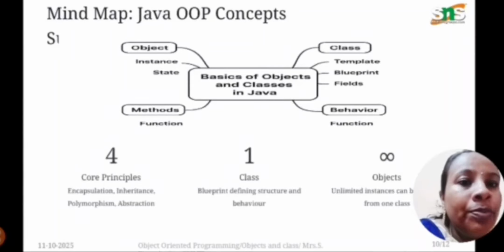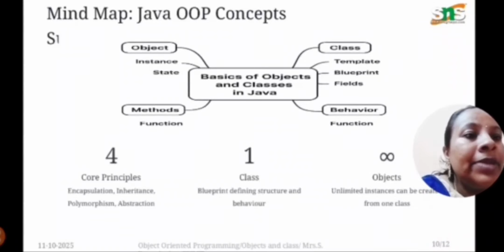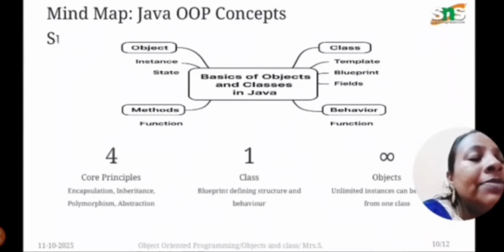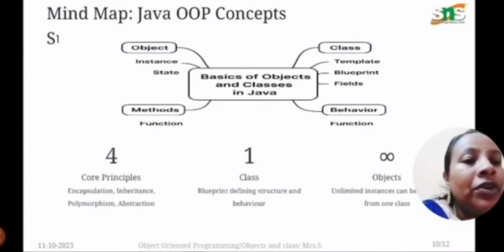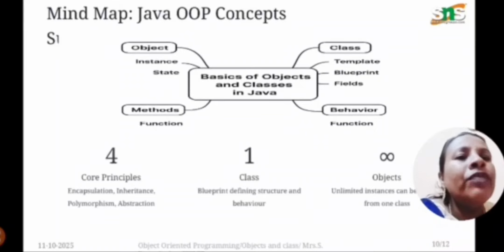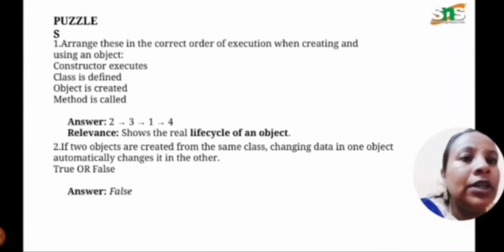There are four core principles: encapsulation, inheritance, polymorphism, abstraction. Next, there is one class, a blueprint defining structure and behavior. Next one is object. An unlimited number of objects can be created from one class. We can create n number of objects from one class itself.